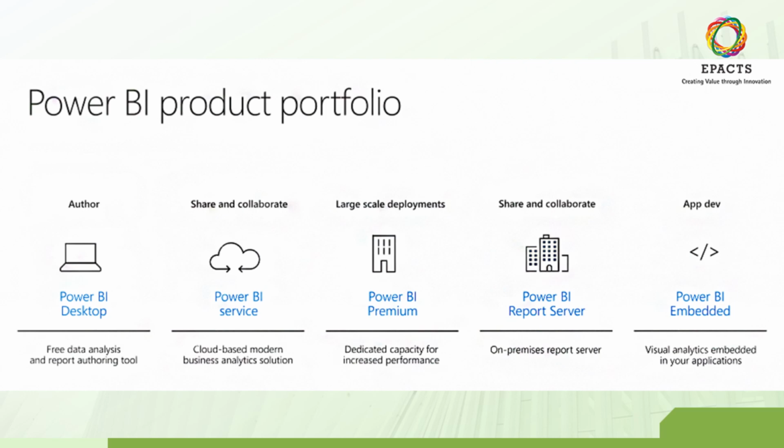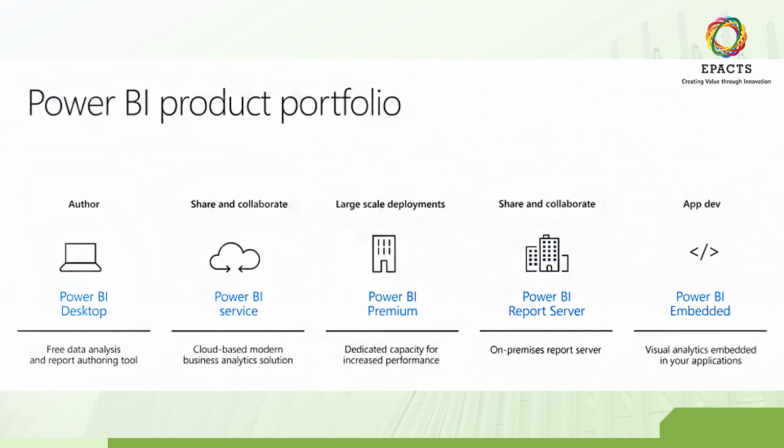This is just a slide that gives you a view of what are the services that are available as part of Power BI. So as we've been talking about, where you can author your reports and run your analysis is from the free desktop app. But the services that you're going to run in the background are this Power BI service, which is available again from Microsoft 365, or Power BI Premium service, which is a dedicated service that's available for the enterprise level.